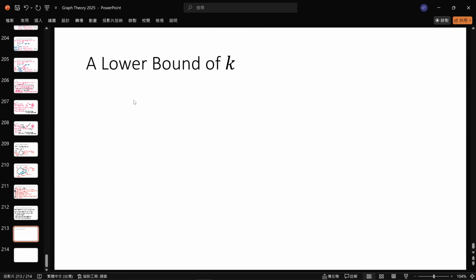To introduce this lower bound, I need to introduce a new notion, actually a quite important idea in graph theory, that is the connectivity.